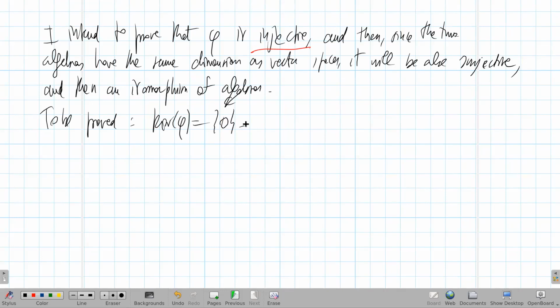This is the advantage of having a morphism, that you can reduce injectivity to proving that the kernel is 0. Good. How do you prove that? Well, let such an element, where the sum is always over G, I'm writing this, but as usual I'm leaving this out in the following, be in the kernel of phi.